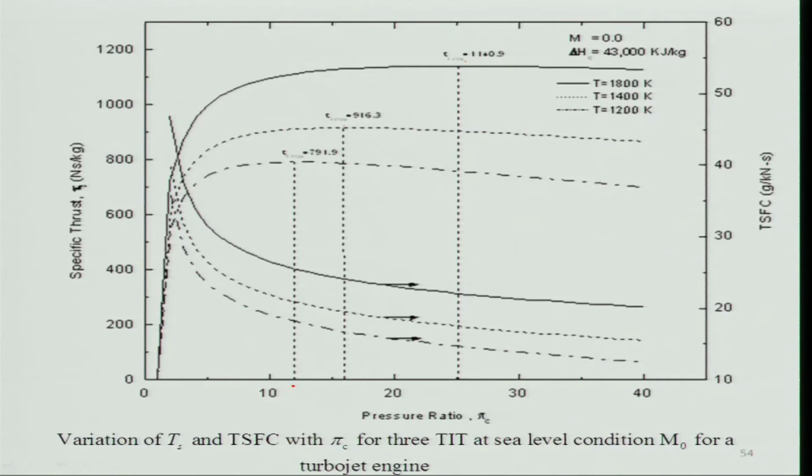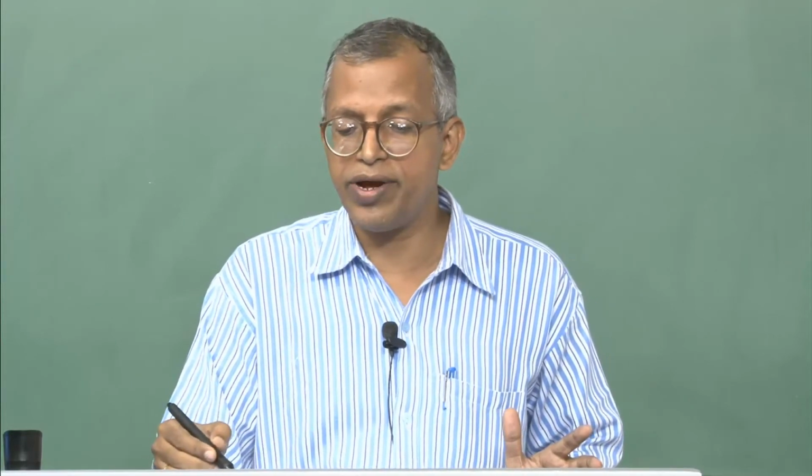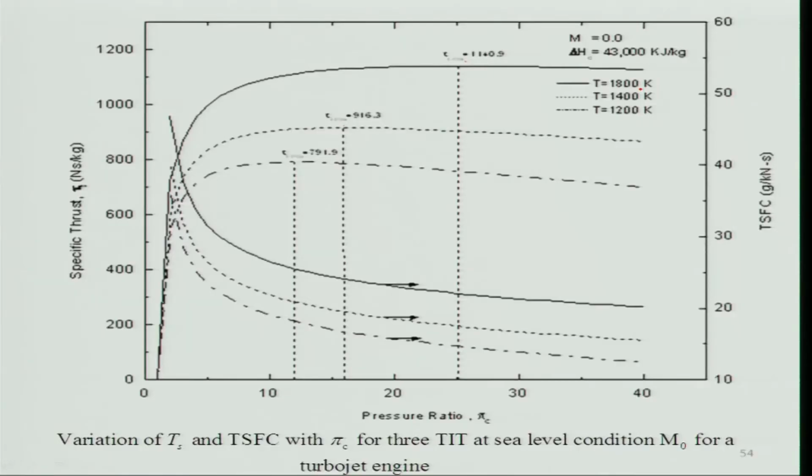Why is it so? Because you need to achieve a higher temperature, so you need to give more pressure, and you can get higher values, and after that it decreases.